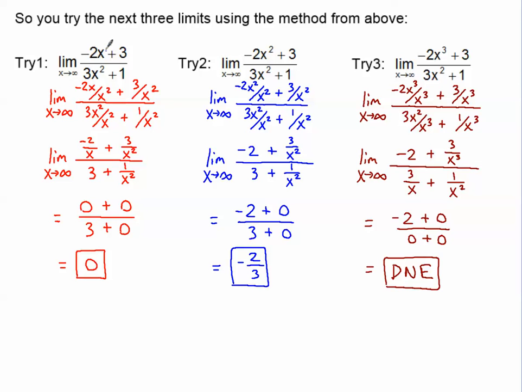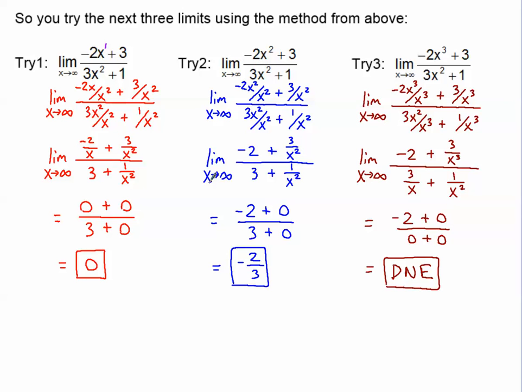Look at try 1. When the degree of the numerator, which is 1 in this case, is less than the degree of the denominator, the horizontal asymptote was y equals 0. And look at that. Our limit as x approaches infinity is 0. When the degrees were the same in the numerator and the denominator, we took the leading coefficient, and our horizontal asymptote here would be y equals negative 2/3.